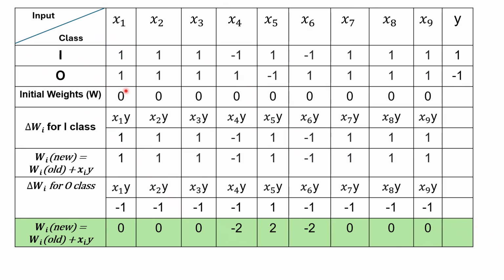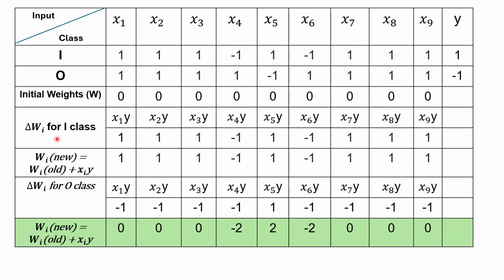Similarly, class O, the data is 1, 1, 1, 1, minus 1, 1, 1, 1, 1. The target for class I is plus 1 and the target for class O is minus 1. So as per our Hebb's rule, the initial weight is assumed to be 0. So the initial weight is given as 0.